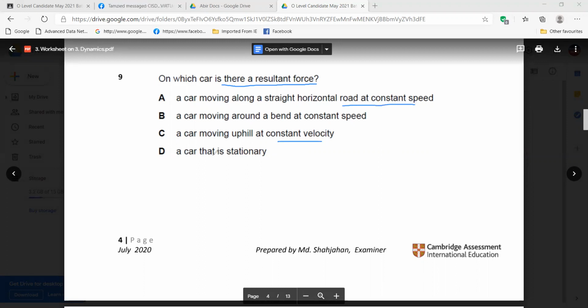Then a car that is stationary, that is also Newton's first law, right? Constant velocity, stationary, these are in a horizontal or straight line motion, linear motion. We say it linear motion, right? When the car is going on a straight line.